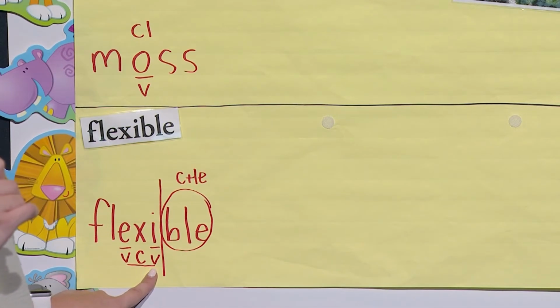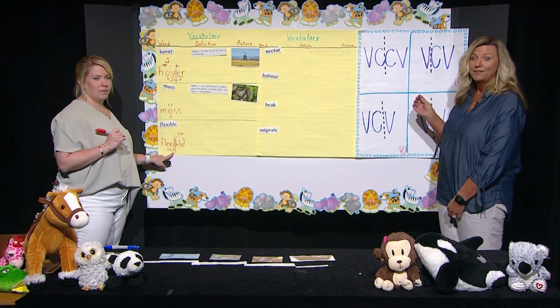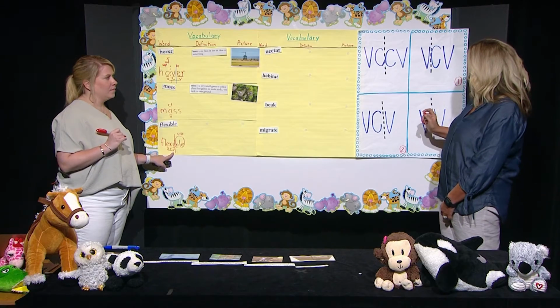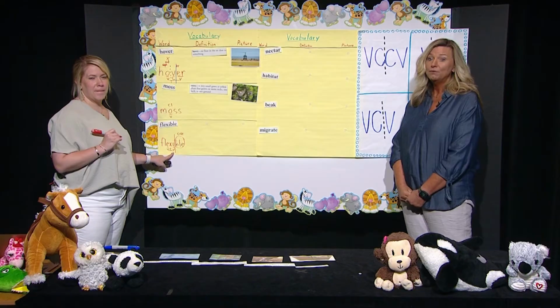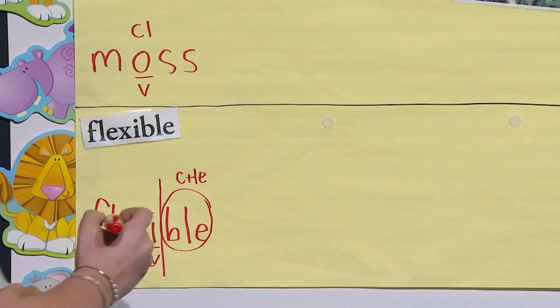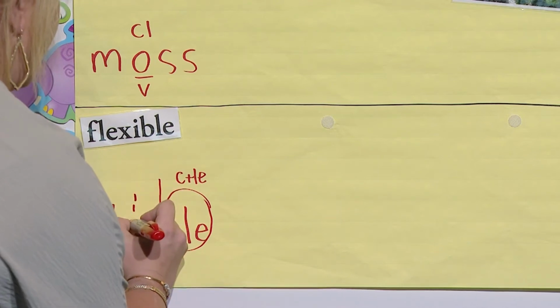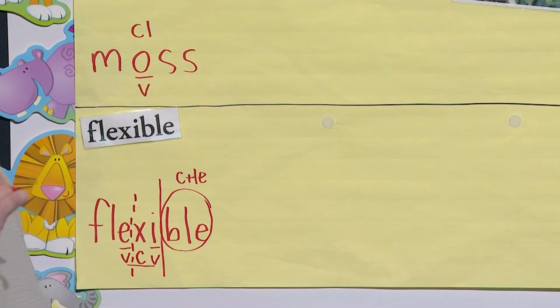If we look at our charts where we attempt to divide our word first, let's divide before the consonant and check our pronunciation. Okay, so we're going to draw a dotted line after the E and before the X in case we have to move it.